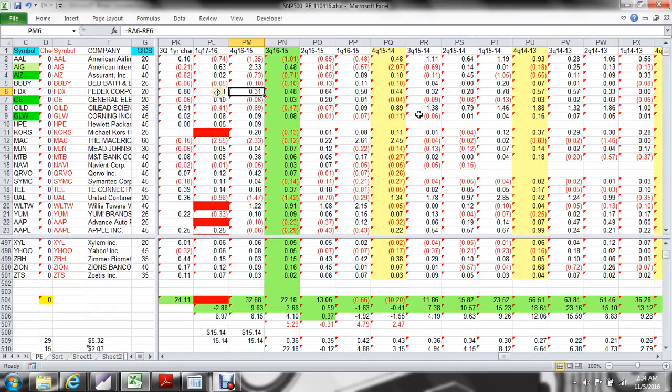If share repurchases were increasing earnings, we should see a 14% increase in earnings, not a decrease in earnings year over year like we're seeing there. That is the big problem right now. Share repurchases are not increasing earnings or per share earnings like they should be.